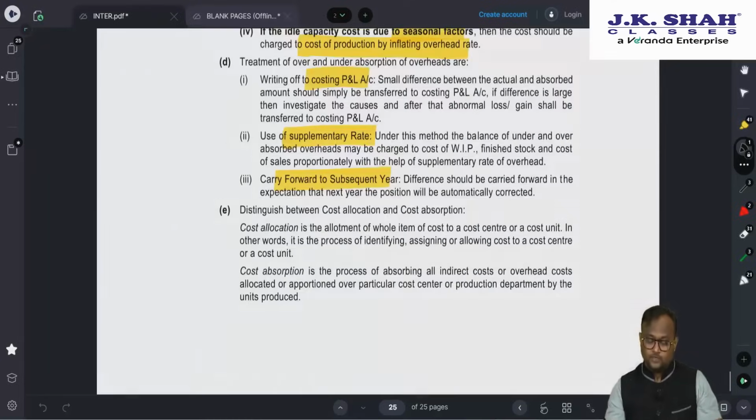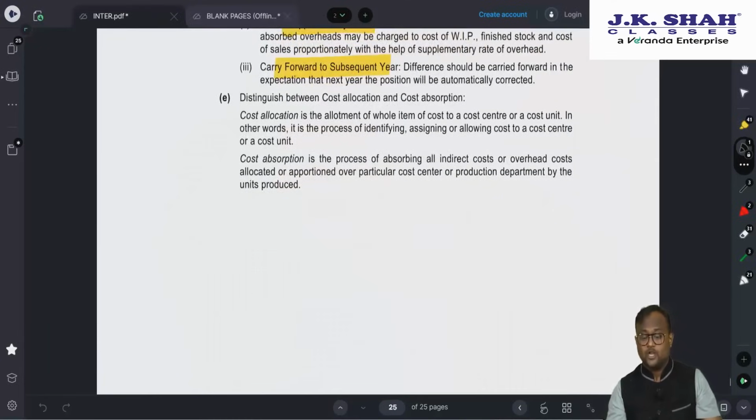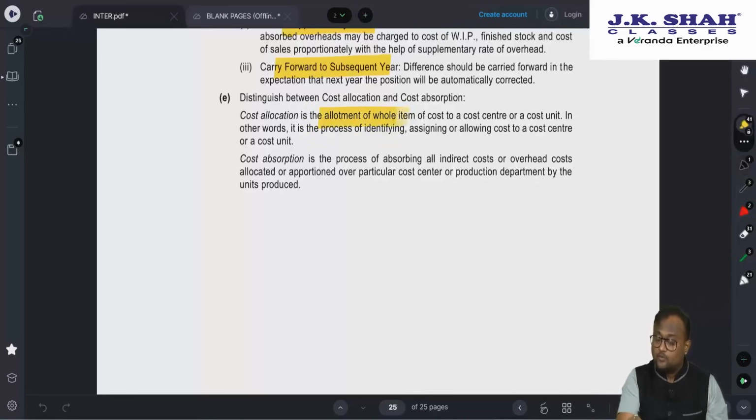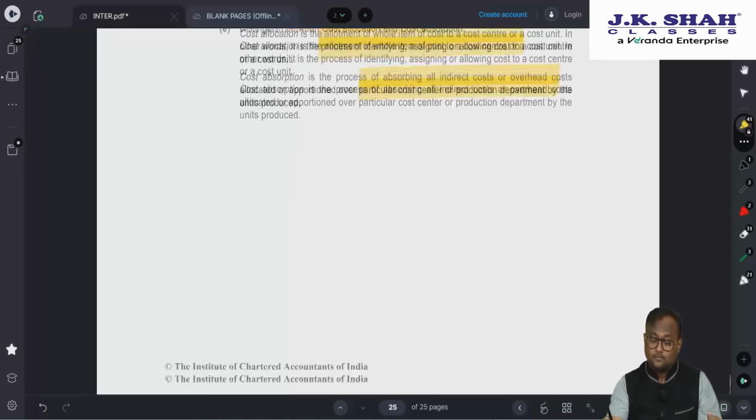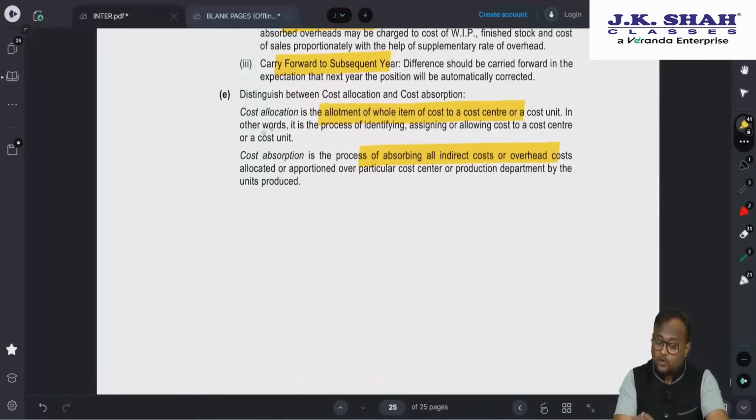And then the last one, distinguish between cost allocation and absorption. Allocation means allotment of cost to the item, like products or departments. Absorption means recovery. So allocation is allotment of the whole item of cost to the cost center.